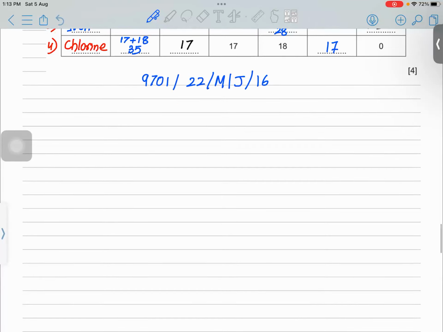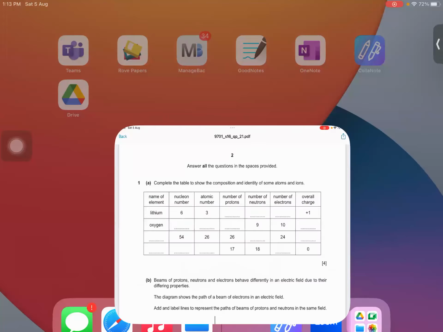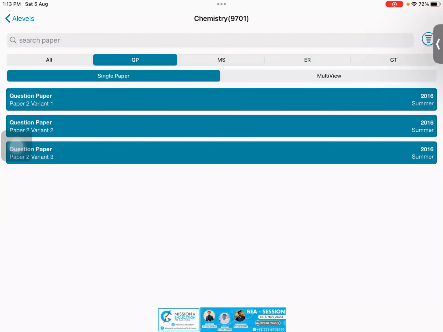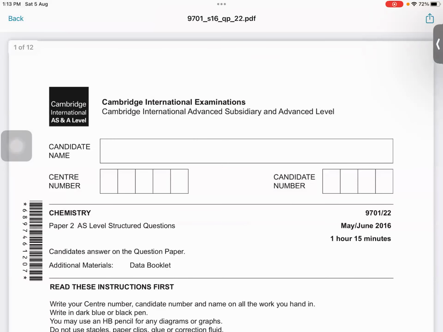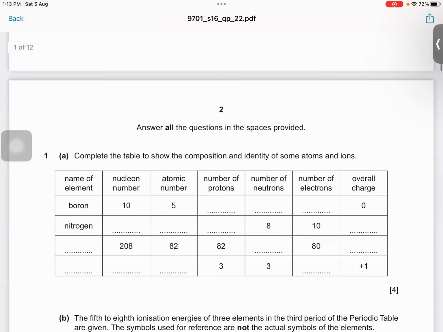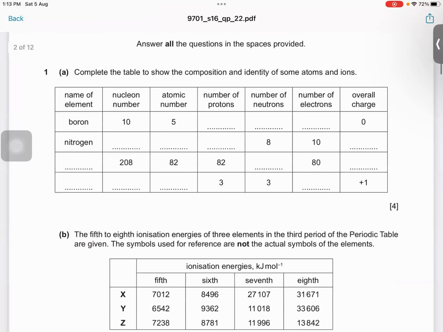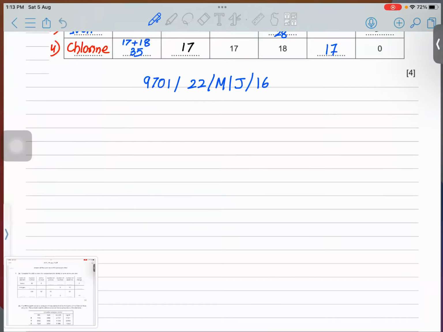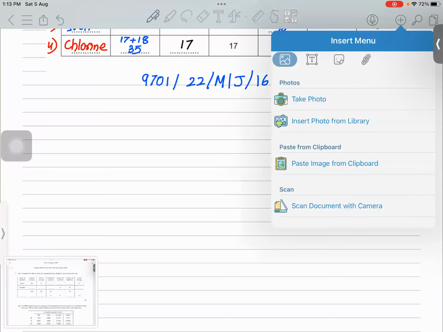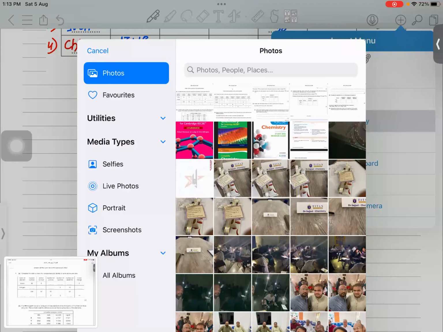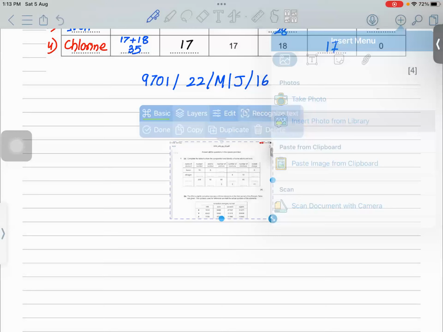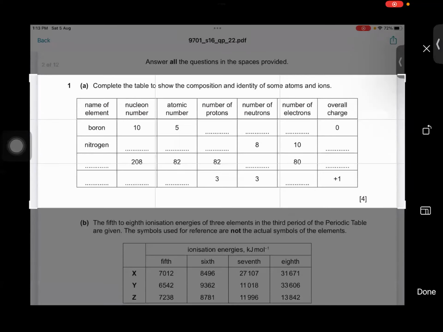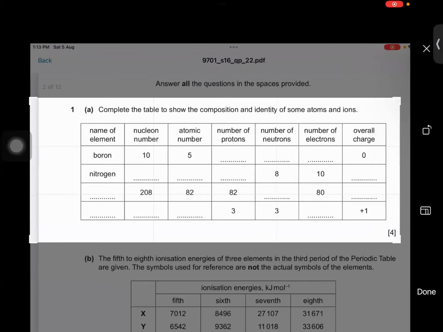Now this question is for 4 marks, right?